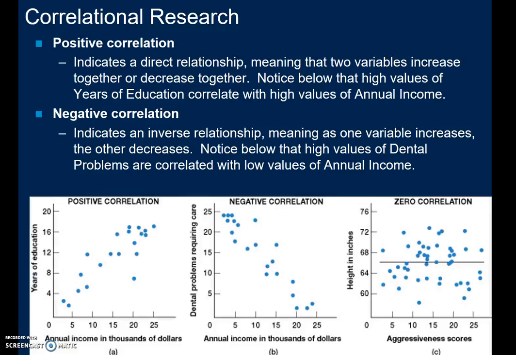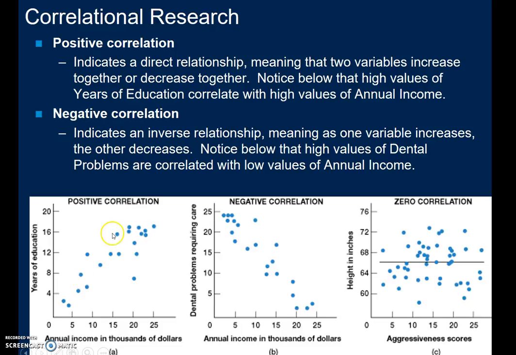So generally correlations fall into one of two categories. It's either a positive correlation or a negative correlation, or sometimes actually a third category would be no correlation. A positive correlation just means that when the value of one variable is high, the value of the other variable is high. If you look at the example down here, positive correlation between years of education and annual income in thousands of dollars.